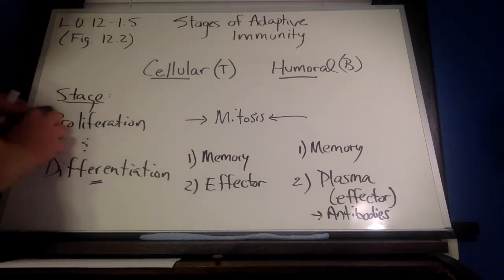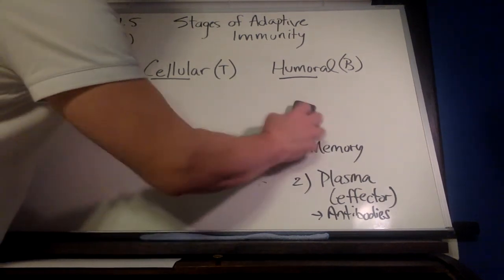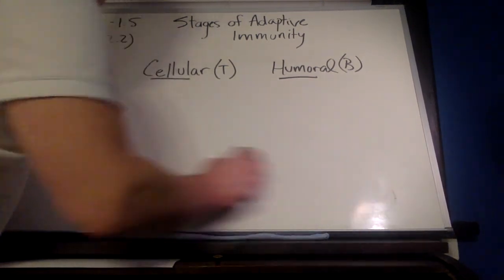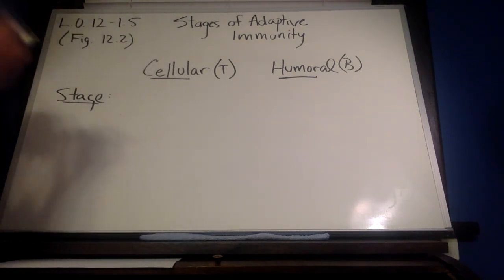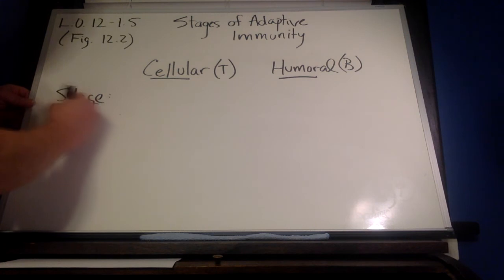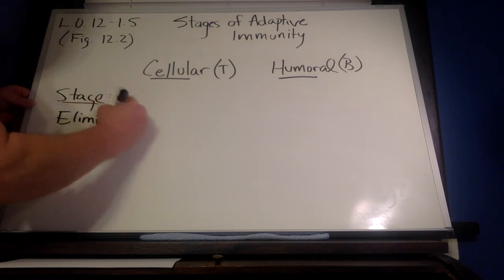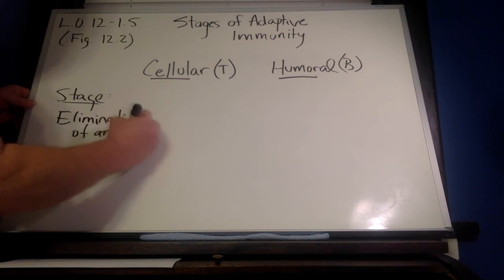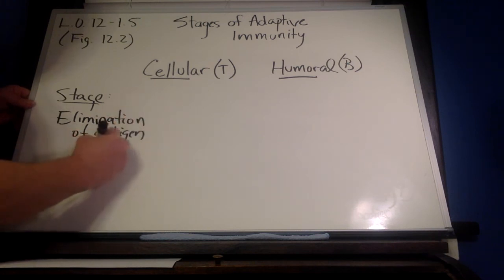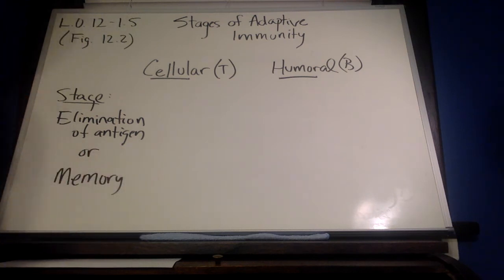So finally, we have our different types of cells that can fight our incoming pathogen. And so the last stage is they have to go do their job, which is either elimination of the antigen, or they will go and reside as memory cells.